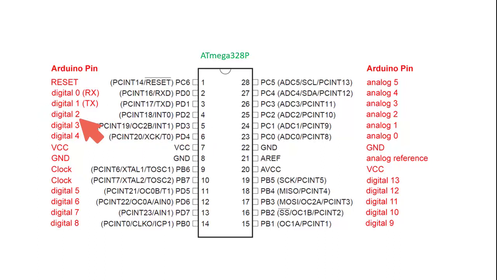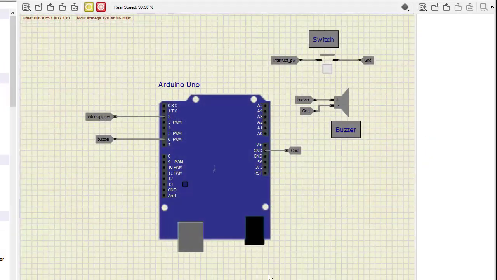I will use the buzzer as an output here and I will connect the buzzer at pin number 6 at port D. In Arduino board it is at digital pin number 6. In simulation I am showing here digital pin number 2 at Arduino board where interrupt is connected. A switch has been connected.